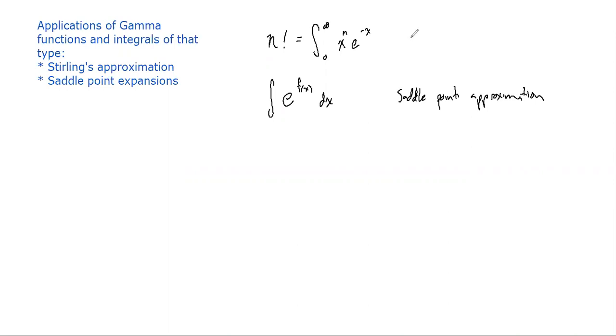And this is the starting point for Stirling's approximation. Stirling's approximation is an approximation of large factorials, which shows up in statistical mechanics a lot.